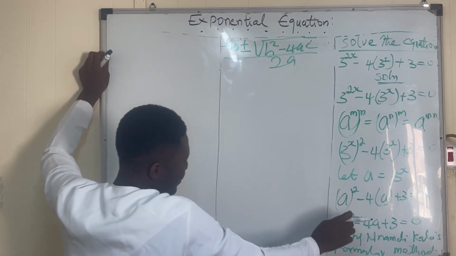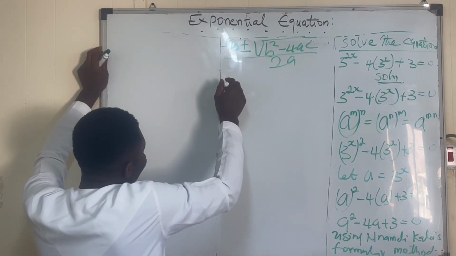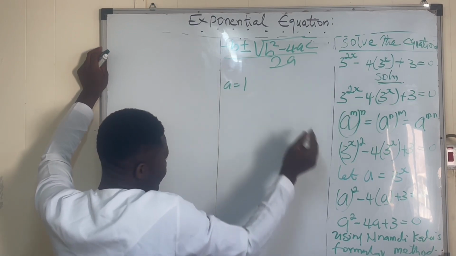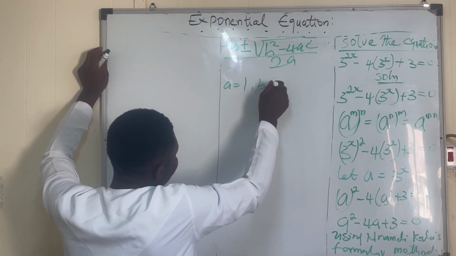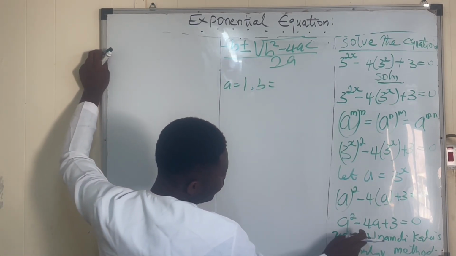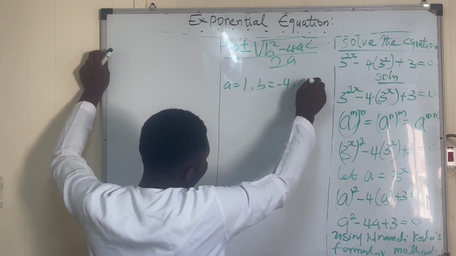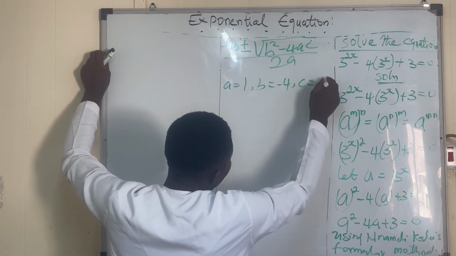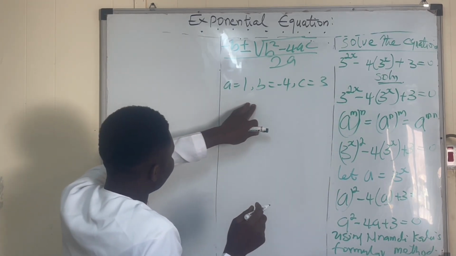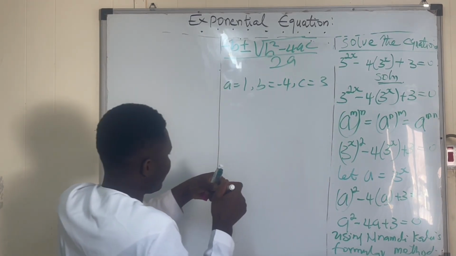Here, the coefficient of a squared is a equals 1, b equals the coefficient of a, which is minus 4, and c, the constant, is 3. So we are going to use these values to substitute in this formula.